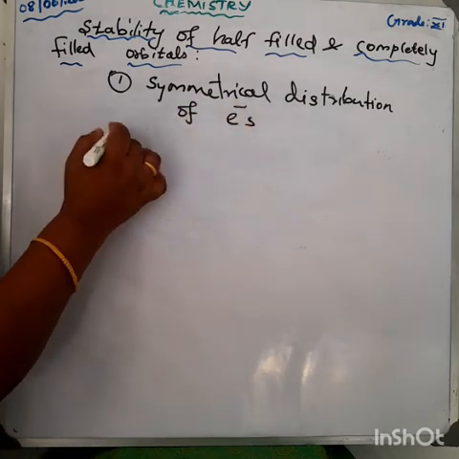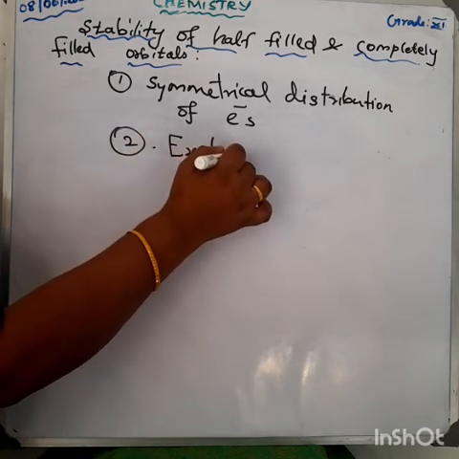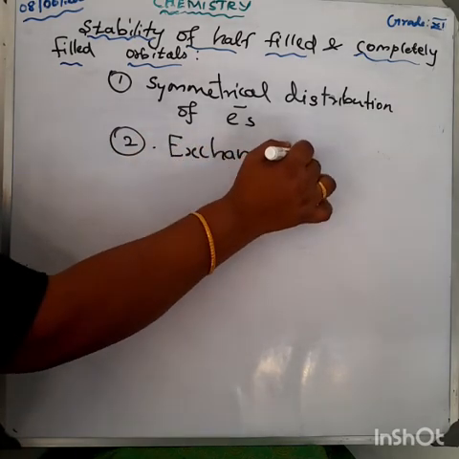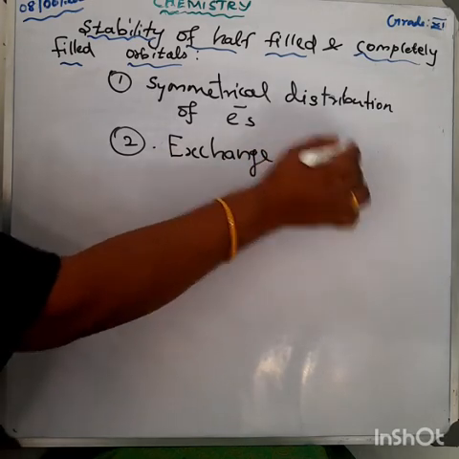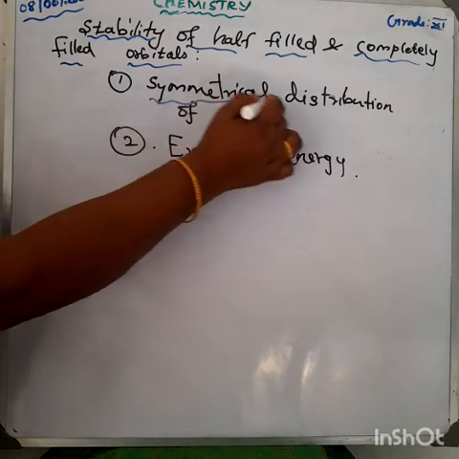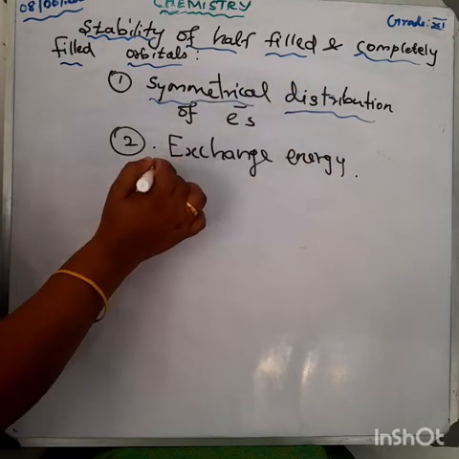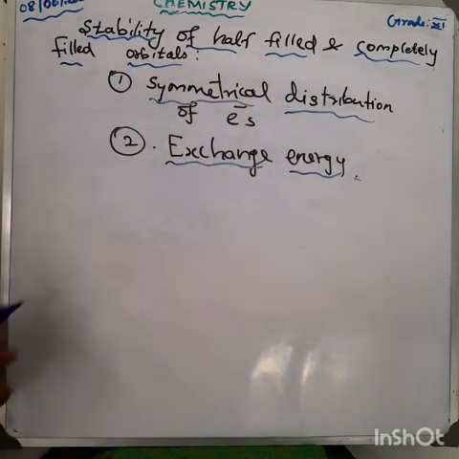Second reason, exchange energy. Why are half-filled or completely filled orbitals more stable? Because of the symmetrical distribution of electrons between these orbitals, and second, the exchange energy of the orbitals.